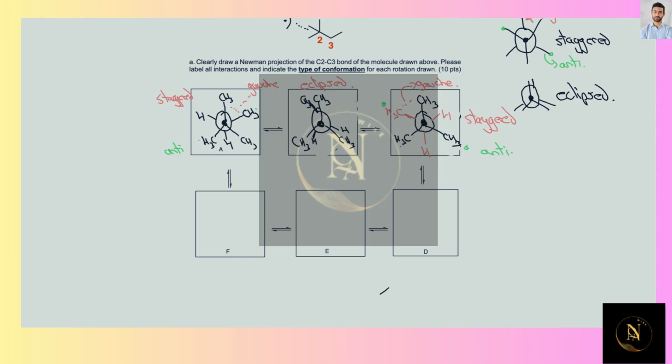Now, let's rotate again the ones on the back. Now, this guy is going to be over here, CH3, hydrogen, and hydrogen. This is going to be an eclipse configuration. Rotation again of 60 degrees.